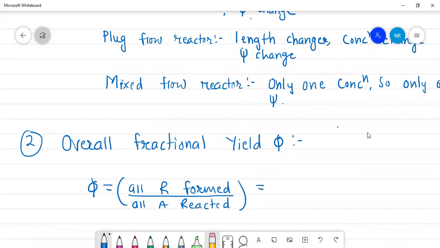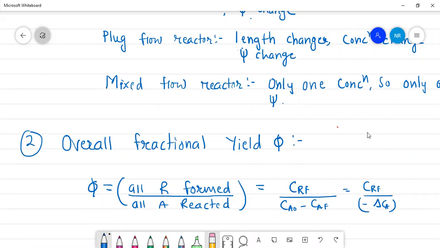All R formed means CRF, the final concentration of R, divided by all of A reacted, which we can define as CA0 minus CAF, so it is CRF divided by delta CA.